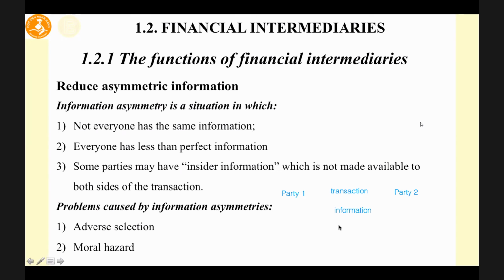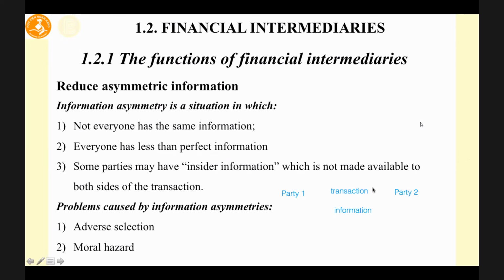Perfect information means all the information about the transaction. However, party 1 and party 2 nearly never have the perfect information about the transaction.